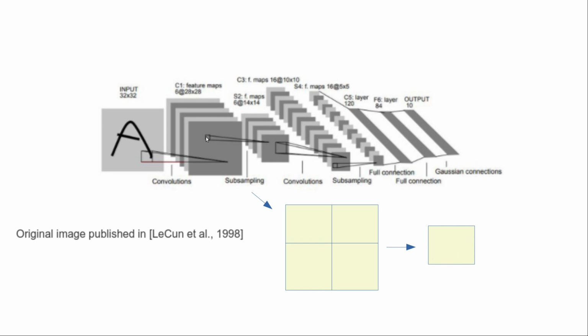So basically, each matrix before applying subsampling or the average pooling will be halved to 2x2.